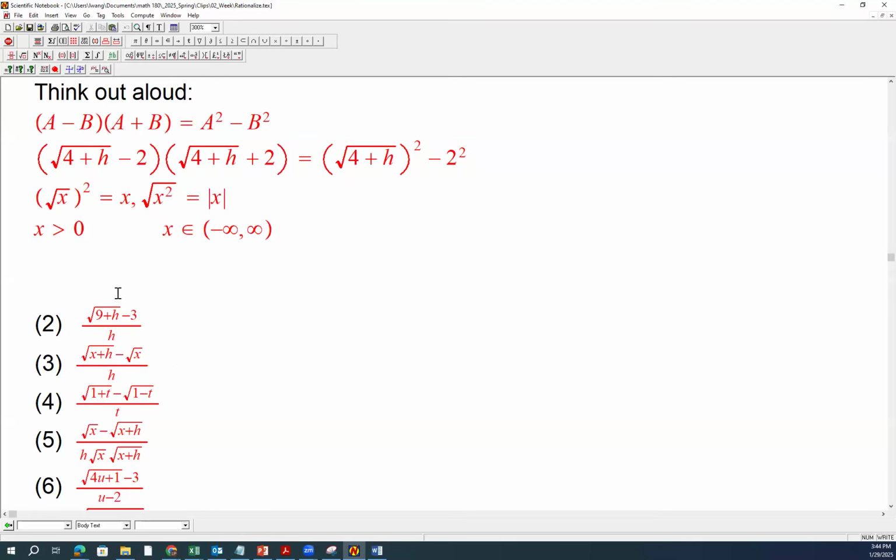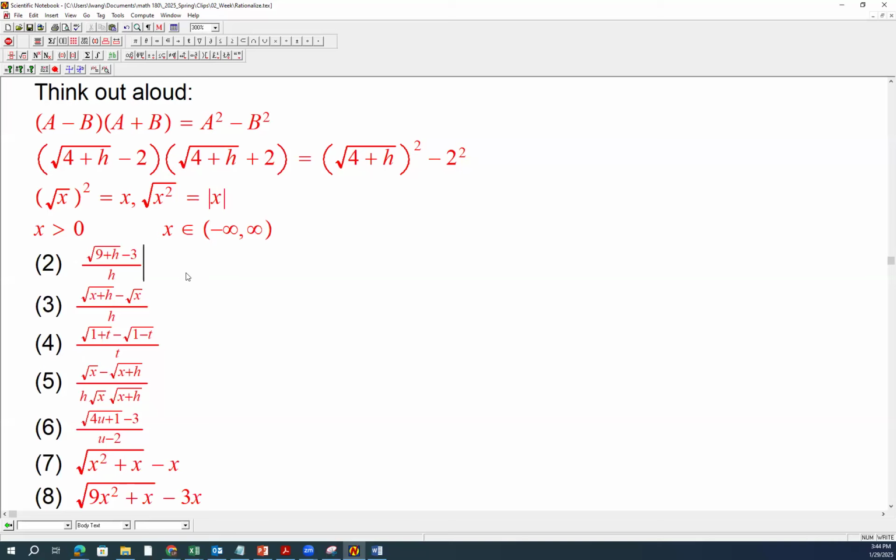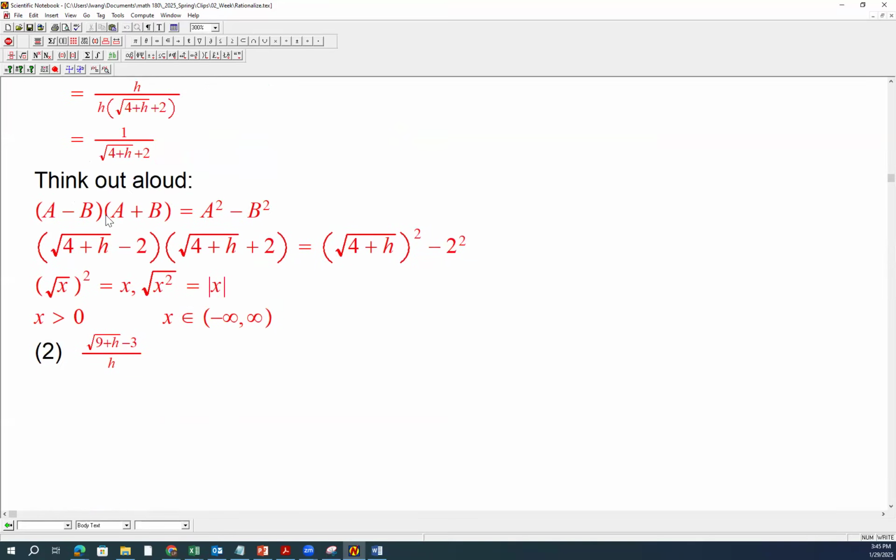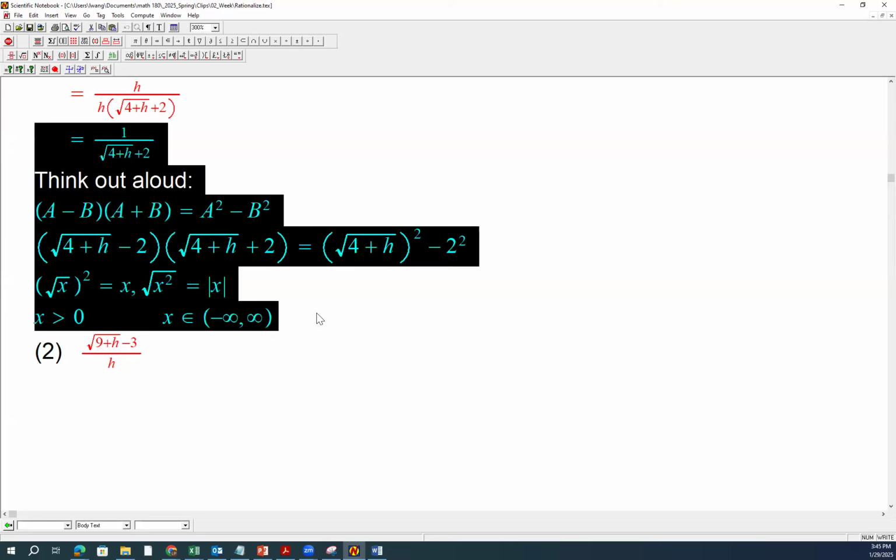Okay, so let's keep going. The second one, you can see it's almost the same as the previous one, right? The previous one was root of 4 plus h minus 3 divided by h. And here we get, it's different in numbers. So it's almost the same.